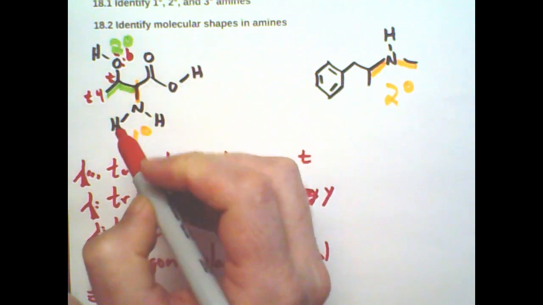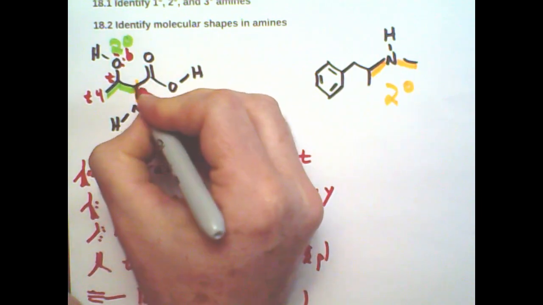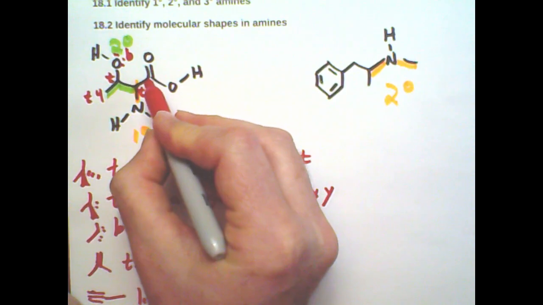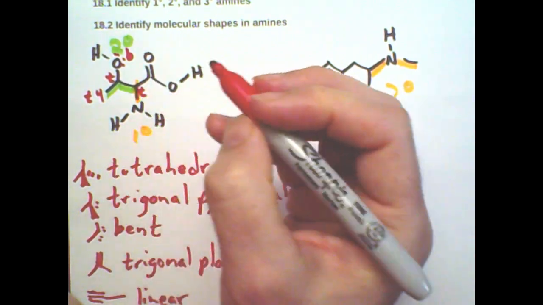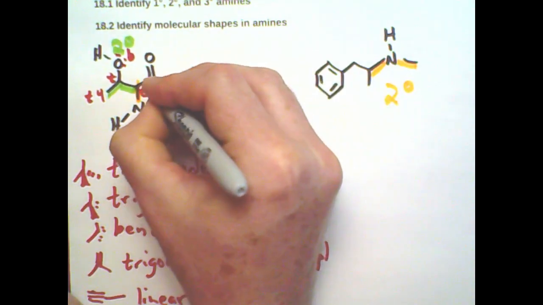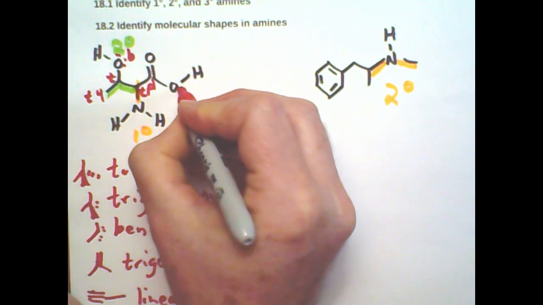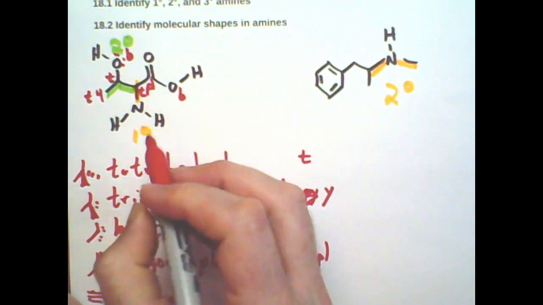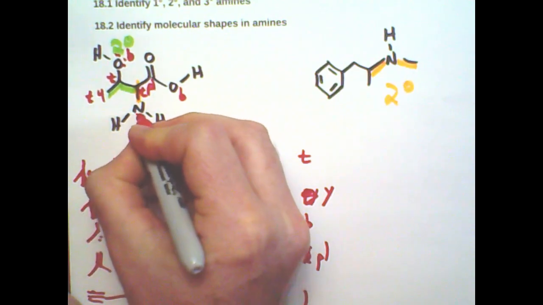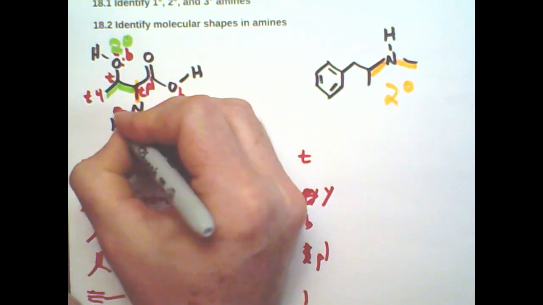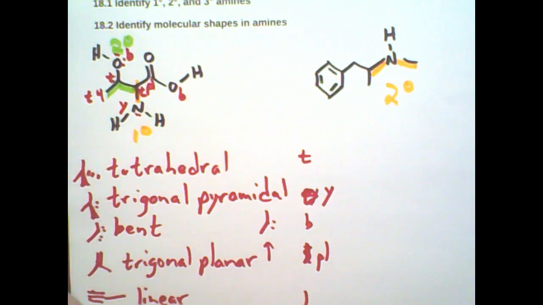Atoms on the edge we ignore. This carbon, again, tetrahedral. This planar with its double bond to O. Another bent. Oxygen there. Nitrogen has a lone pair, so it is pyramidal.